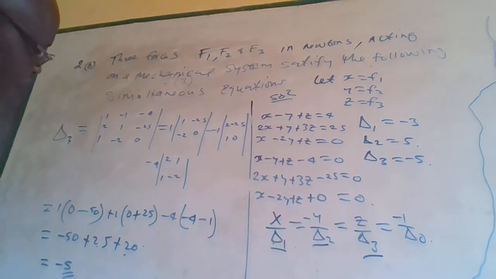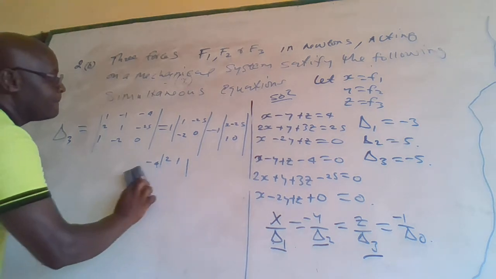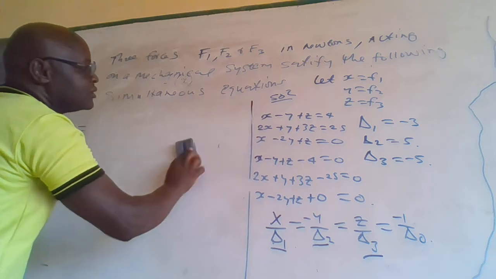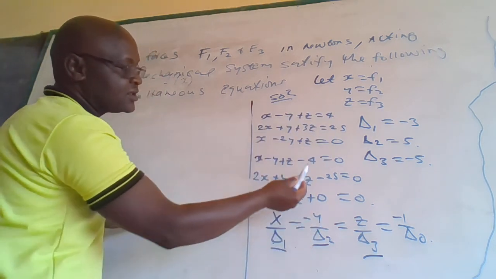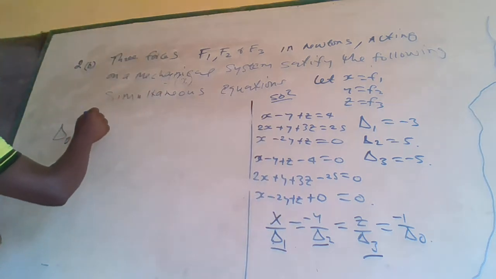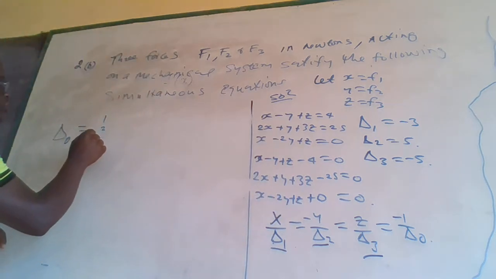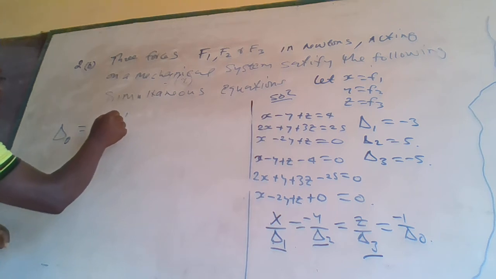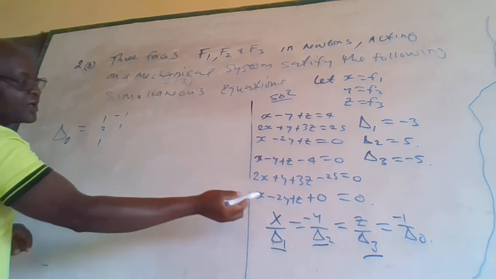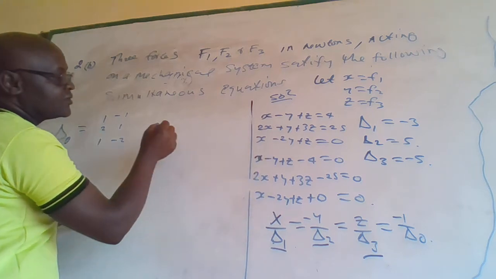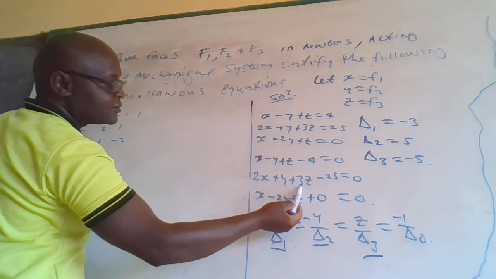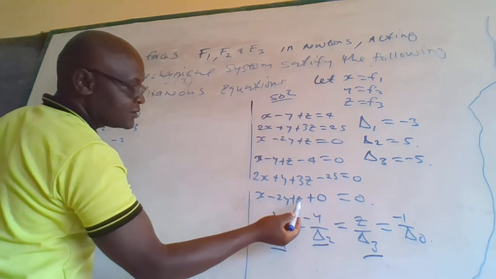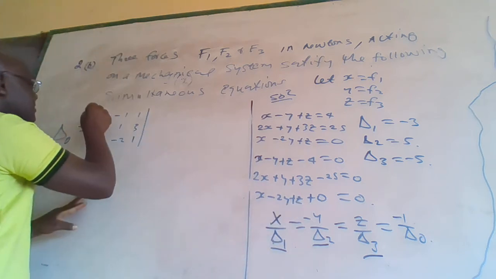Then move on to the next one. Now we omit the constant terms, so that will remain 1, 2, and then 1, minus 1, you have 1, then you have minus 2, then you have 1, you have 1, 3, then you have 1, like that.